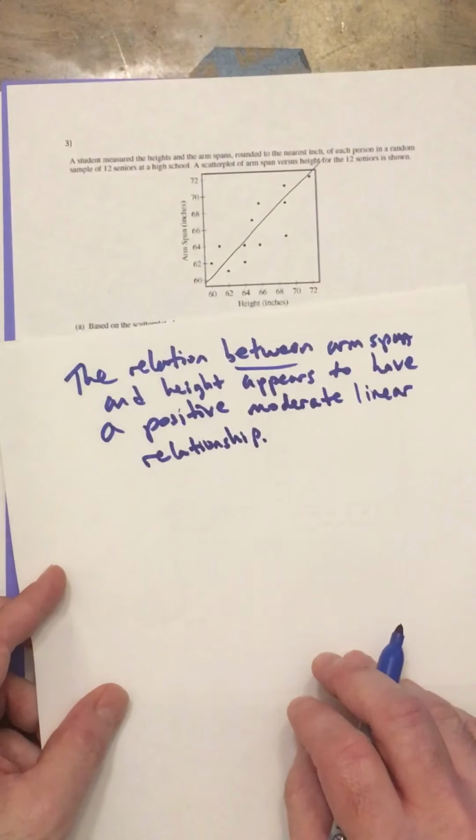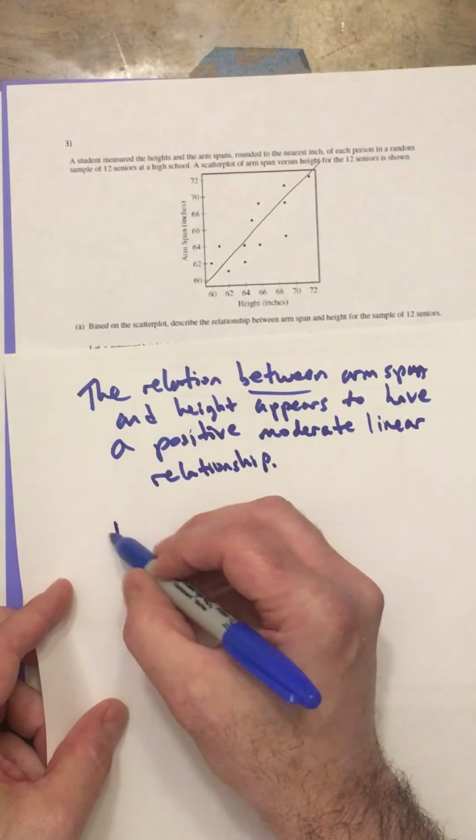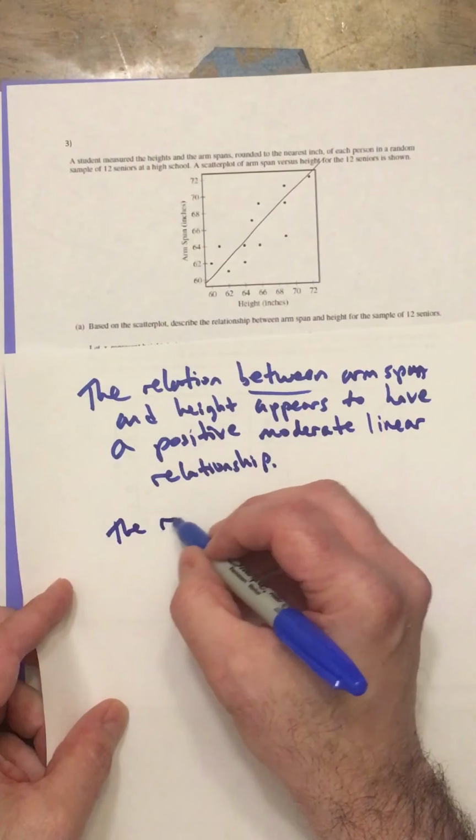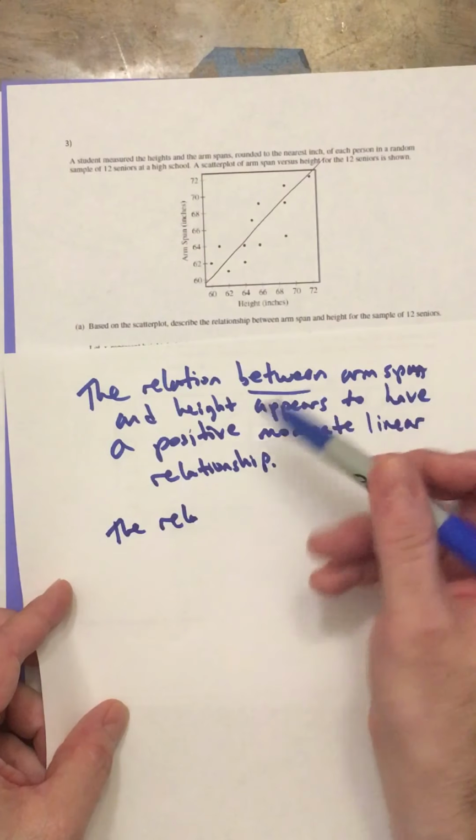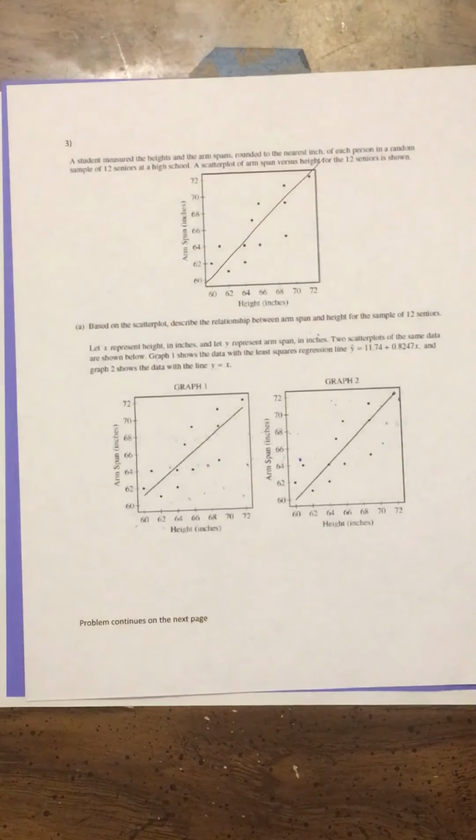If you want to say it even better, maybe it's just the relationship between arm span, yeah, that's fine, same thing, all right? So let's take a look at the next part of the problem.